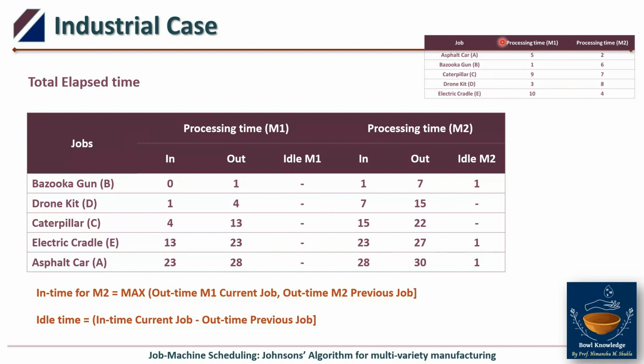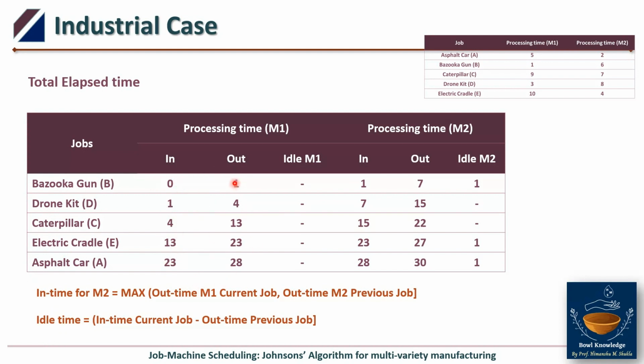For filling up this table, you have to keep the table with processing times with you. So how to fill up this table? There are 2 rules. The in time for machine 1 is very simple.